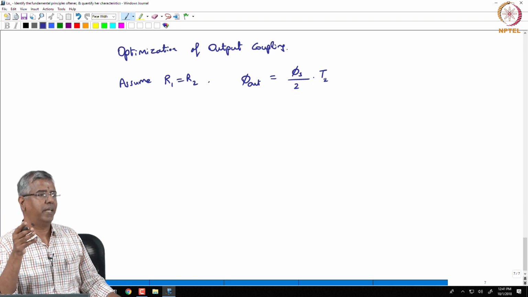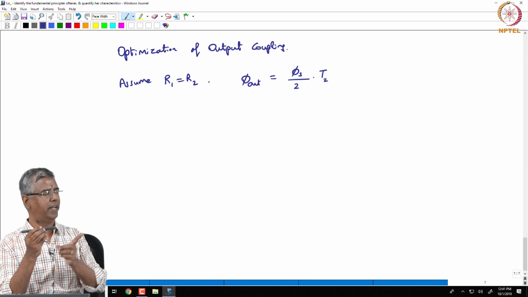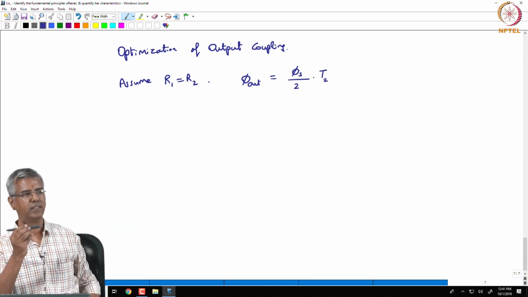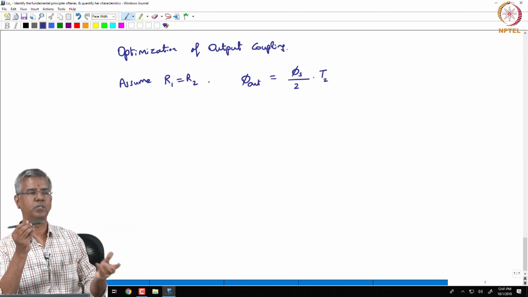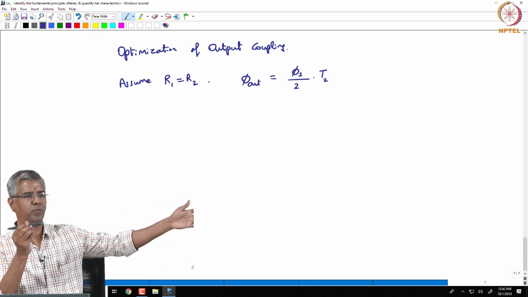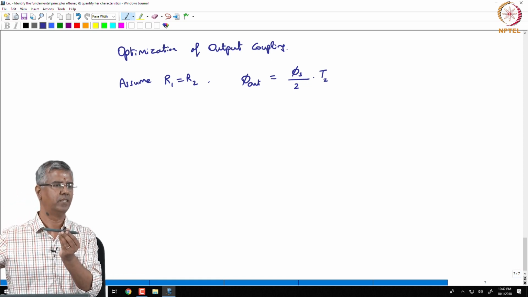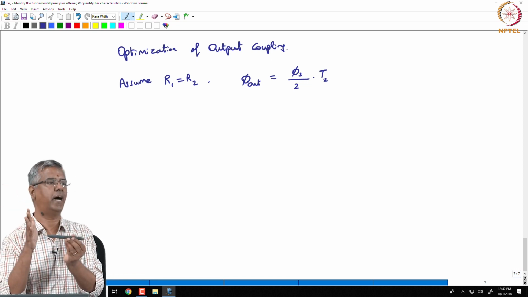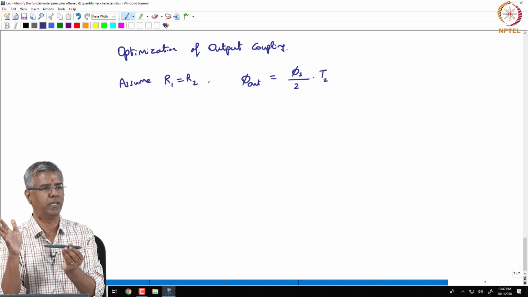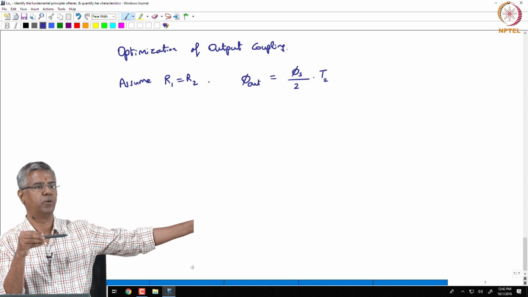In fact, I do not want that. What is the point of having a laser like this, with light going this way and light going this way? You are going to utilize the laser to do something in one particular direction. So, you do not want light going from here. So, what do you do? You make R1 as close to 1 as possible, so that everything escapes out of R2.